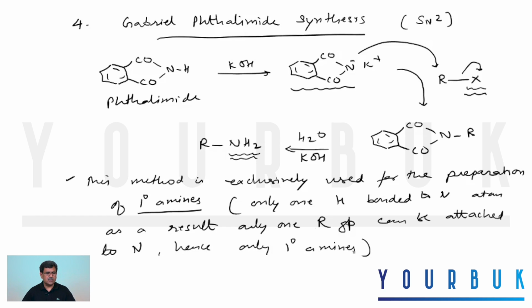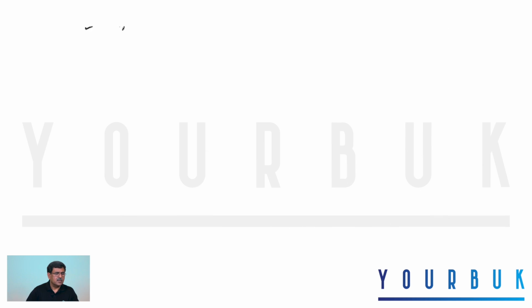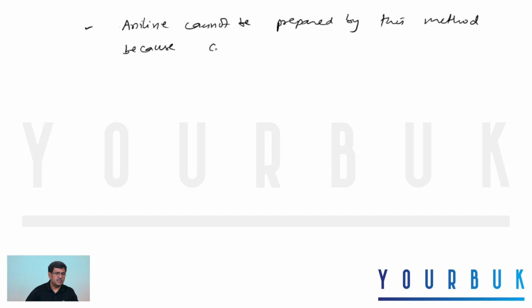Also, this is an example of an SN2 reaction, which is given by less crowded alkyl halide, and hence only primary amines can be prepared. The next point is that aniline cannot be prepared by Gabriel method, because the corresponding halobenzene does not give nucleophilic substitution reaction.